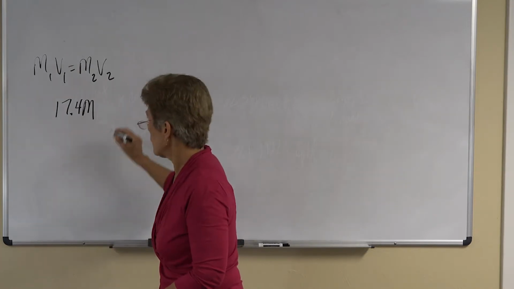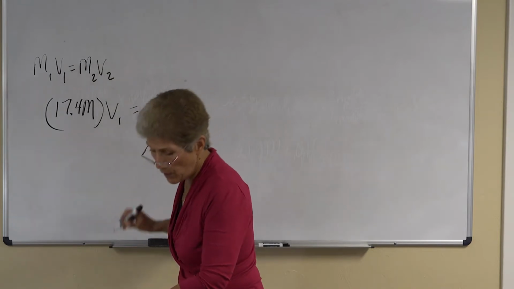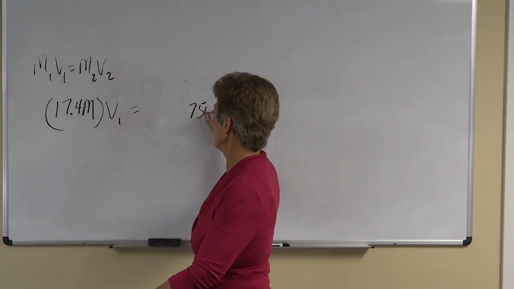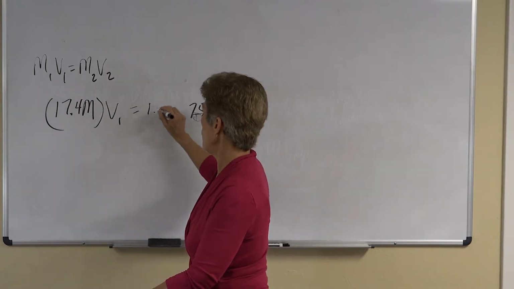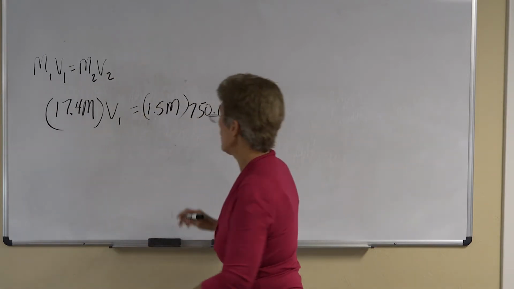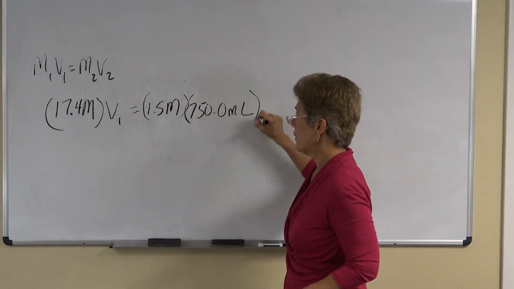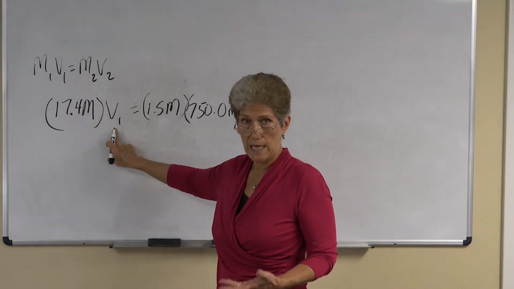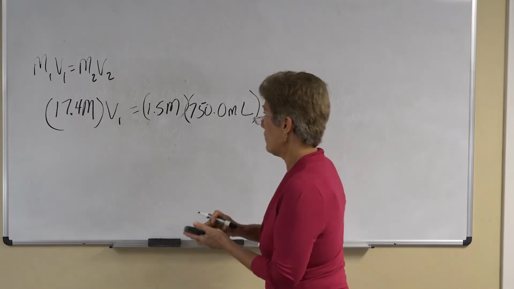We're looking for the volume. 750 mils, so that's my new volume, 750 mils of a 1.5 molar. There you go. So this is your final molarity, your final volume. This is your starting volume, and so you're solving for how much of it you will need and then dilute it in water. And so you just take these 2 numbers and divide it by that one.